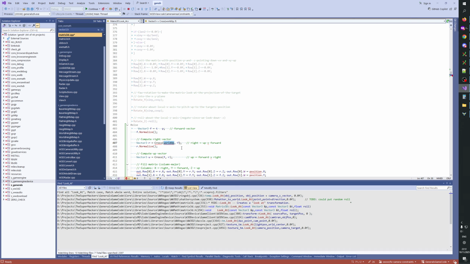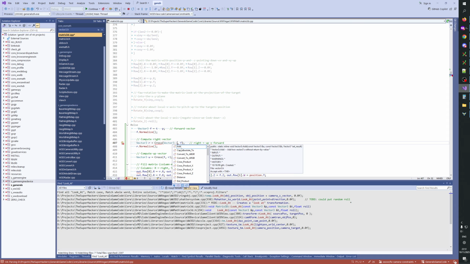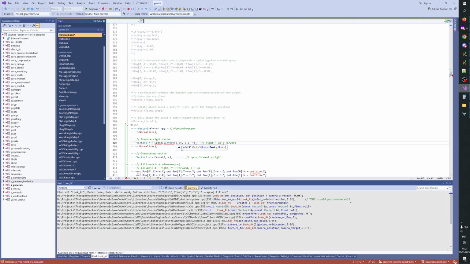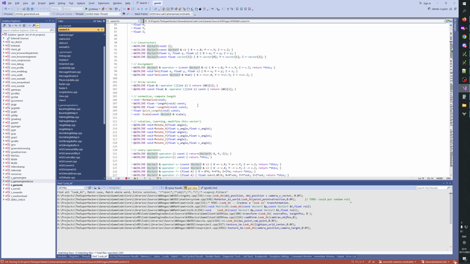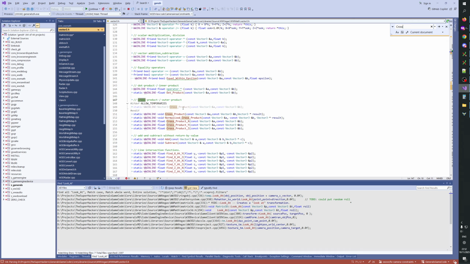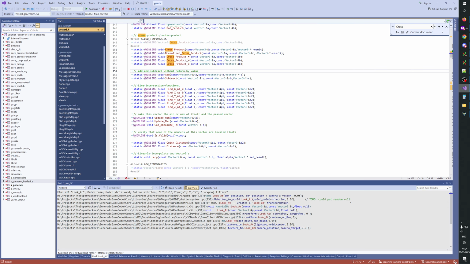World up is vector 3 0.0f, 0, 1.0f. Vector 3 cross. Don't we have a cross? Cross products. Normalized cross product. Do we have get cross products?